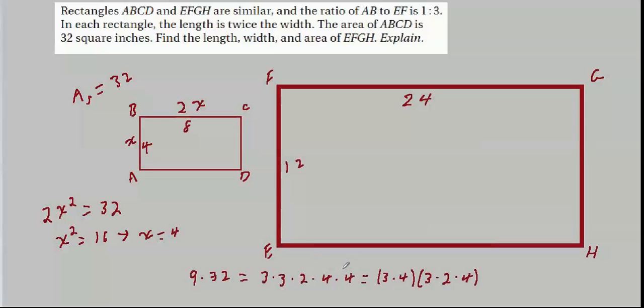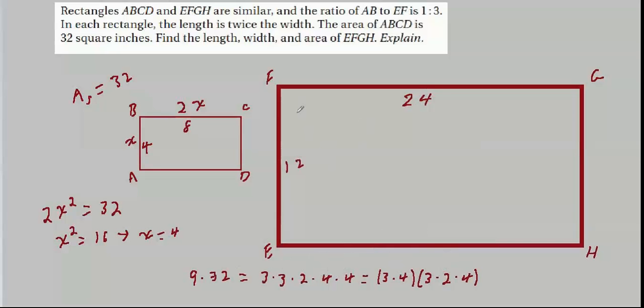I could have broken it down to 2 times 2 times 2 times 2, on and on. I just stopped at 4 here, because when I do this, I can just rearrange these factors into 3 times 4 here, 3 times 4, and then 3 times 2 times 4. This is 12, this is 6 times 4, and that's 24. So 9 times 32, or 12 times 24, give you the same answer.